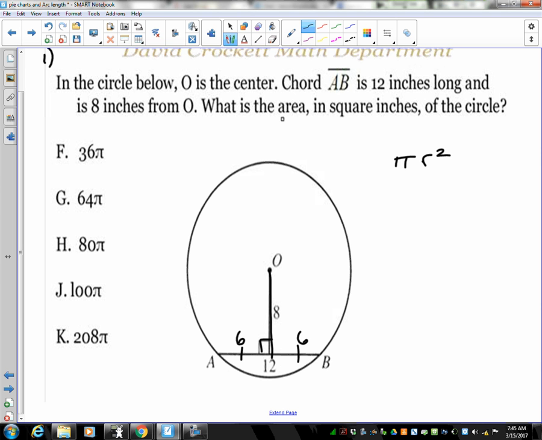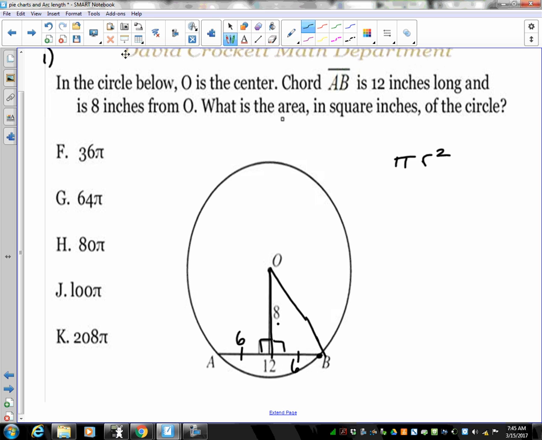Now, to get a radius, we're going to draw a radius intentionally to this point right here so we can make a right triangle. So now the two legs are 8 and 6, and the hypotenuse of my right triangle is going to be the radius of the circle.